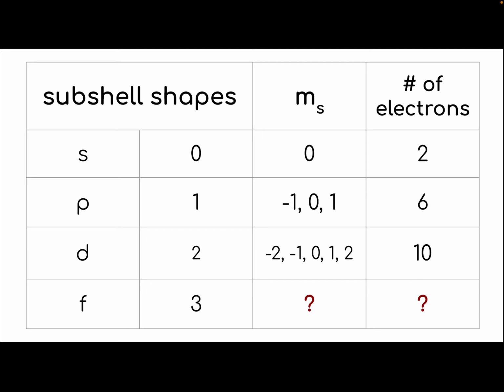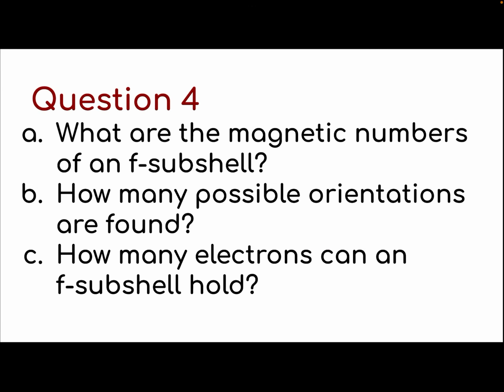Now your task is, for question number 4, you compute for the F subshell. What are the magnetic numbers of an F subshell? How many possible orientations are in an F subshell? And how many electrons can an F subshell hold?